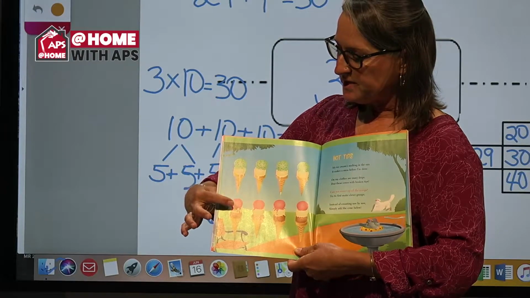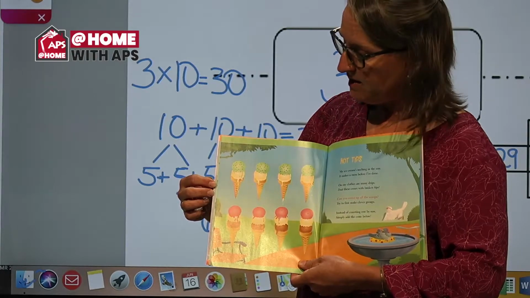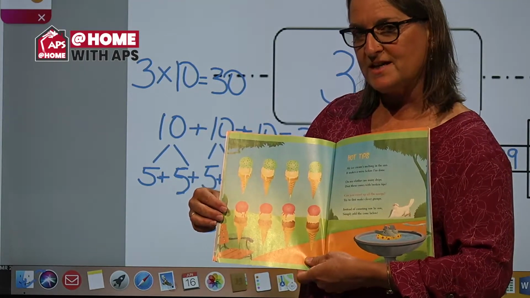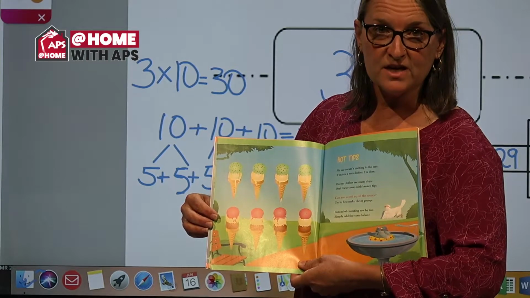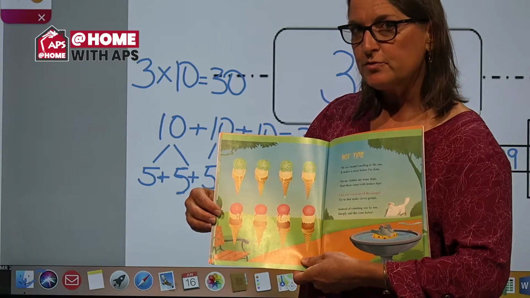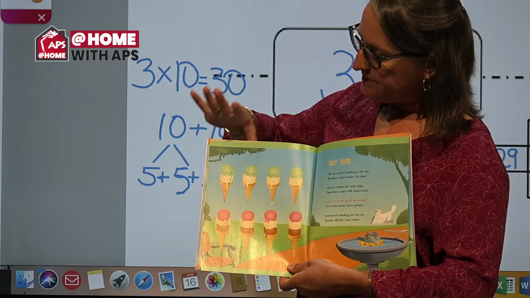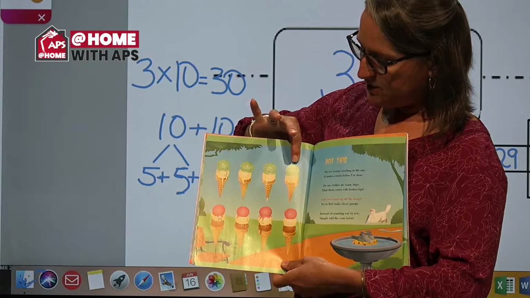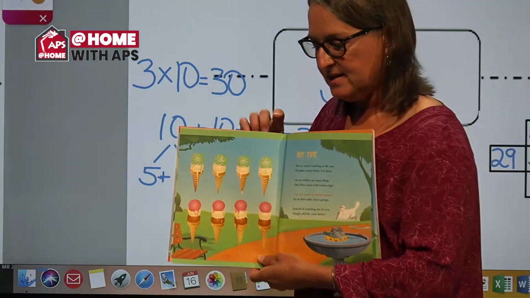How many scoops are in each cone on the bottom? 3 scoops, very good. So, 2 goes together with 3 to make what number we've worked a lot on? 5. So we could count the groups of 5 to figure out how many scoops there are. 5, 10, 15, 20. 20 scoops.